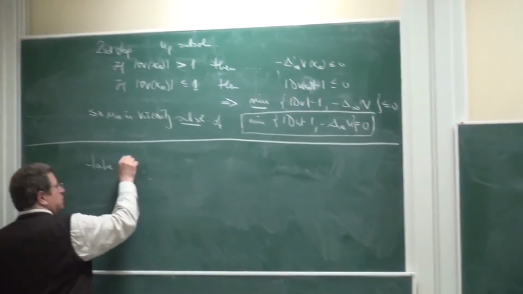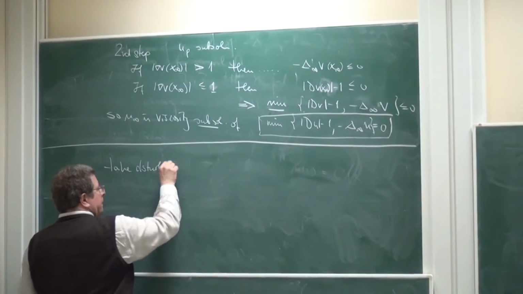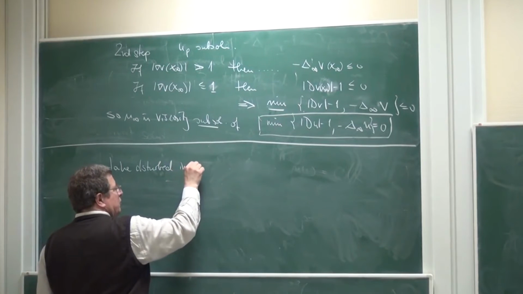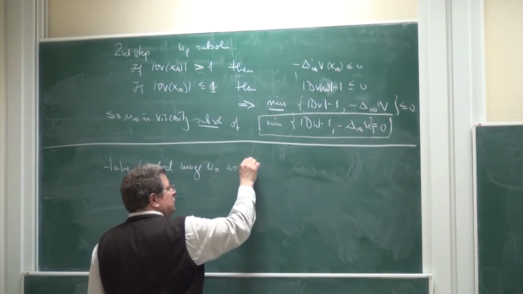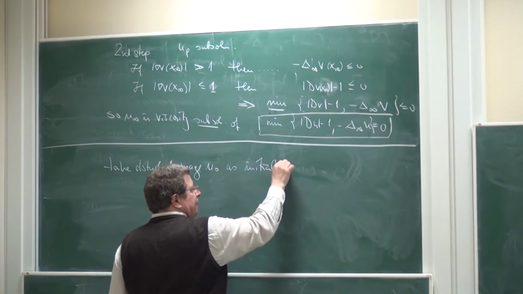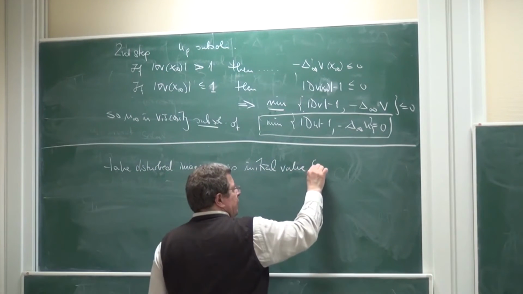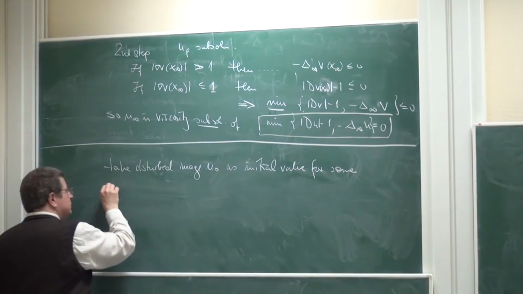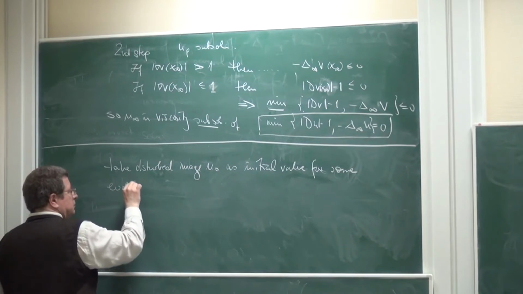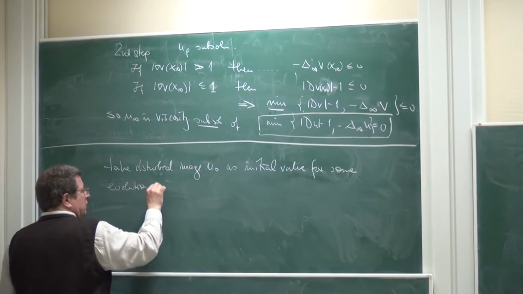So you take the blurred, disturbed image u0 as an initial value for some evolution process, an equation.